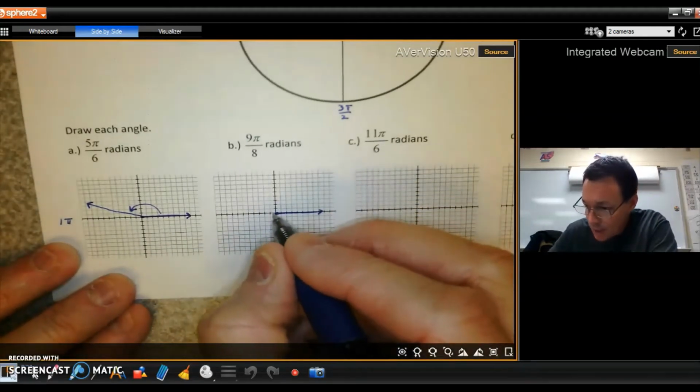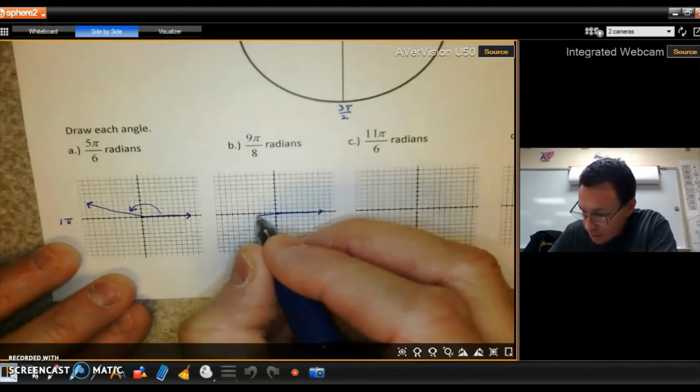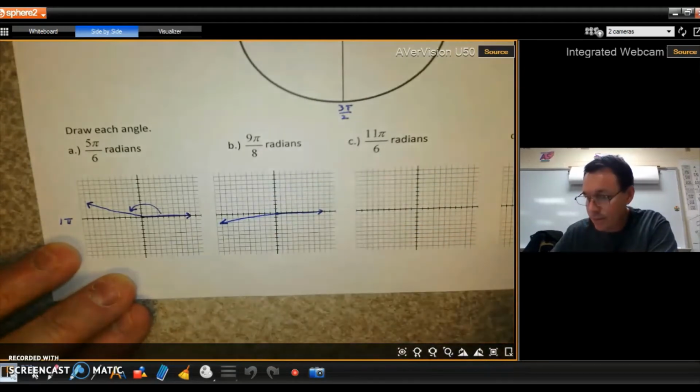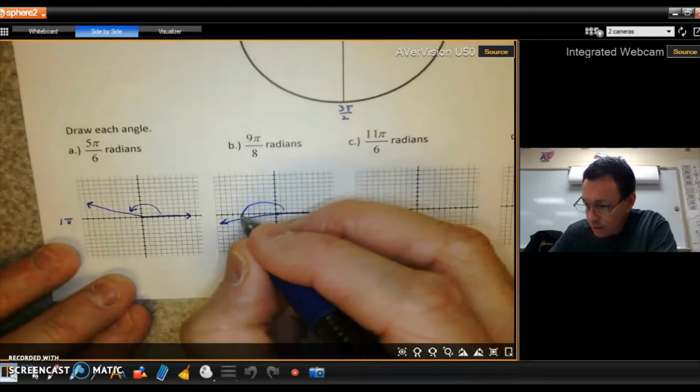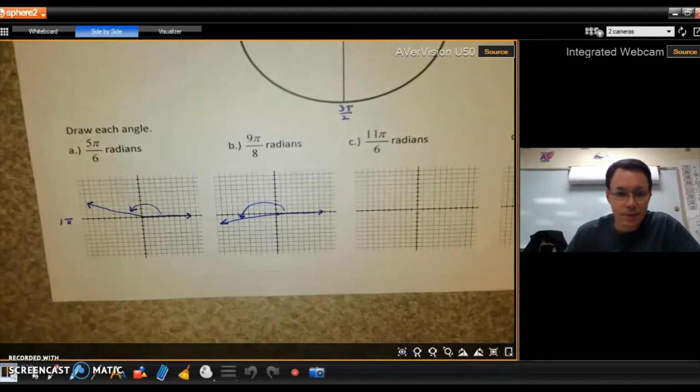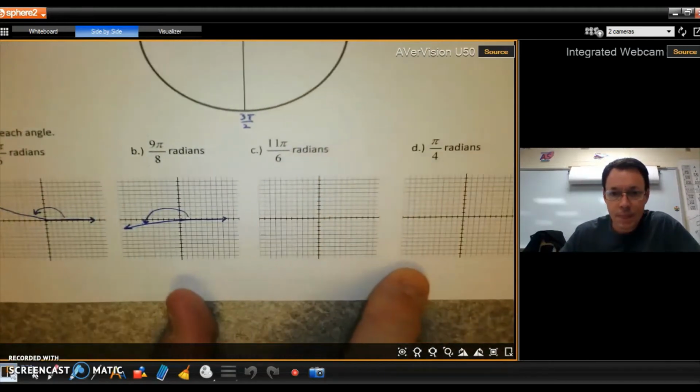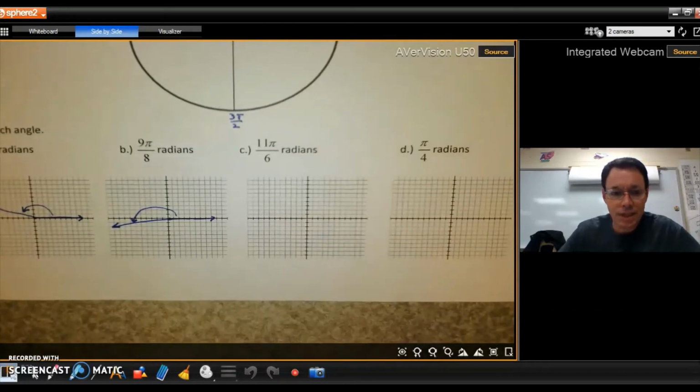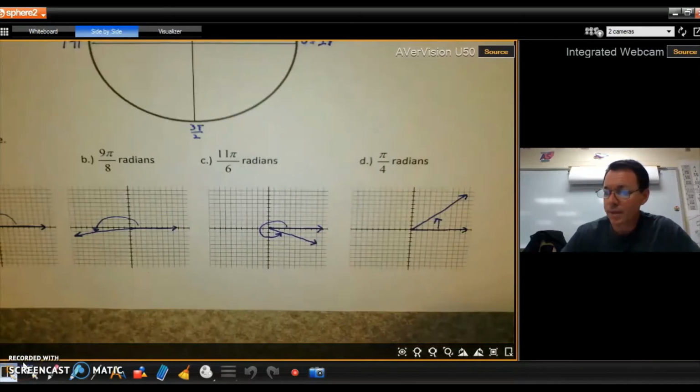I'm not worried about it. All I know is I'm going to draw an angle that is a little bit past 1, and that's my angle. See what you can do with the next two. See if you can think where the next two are going to be, and then I'll draw them and I'll replay this. So hopefully this is what you came up with.